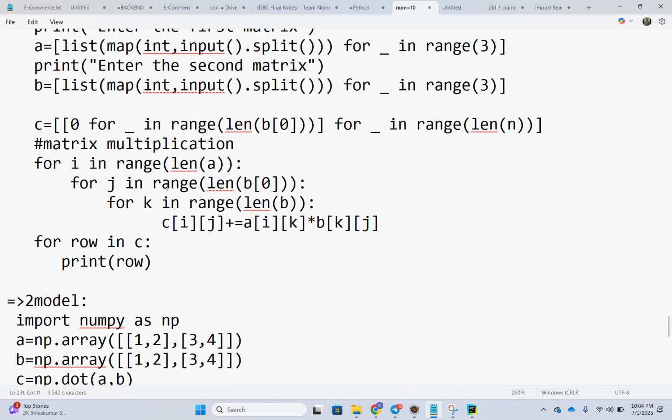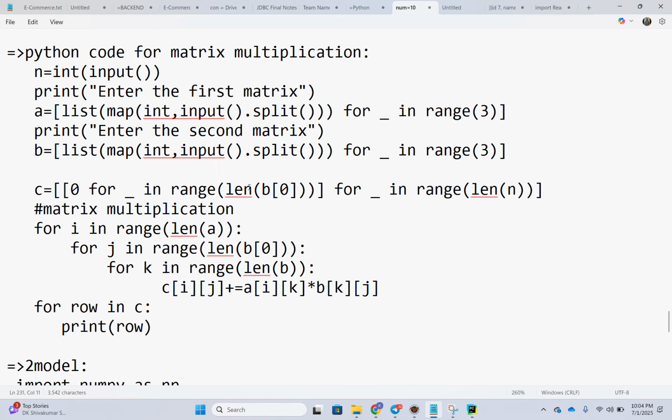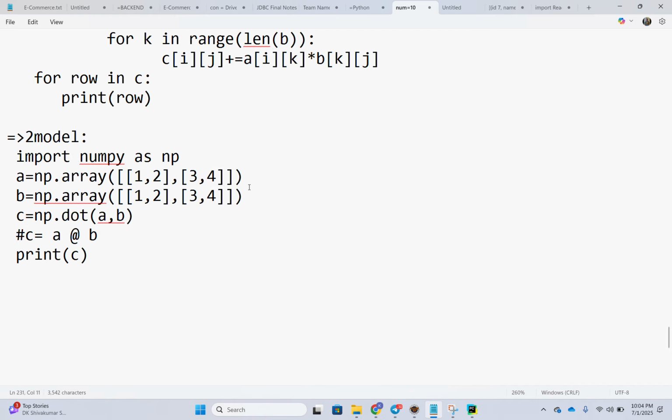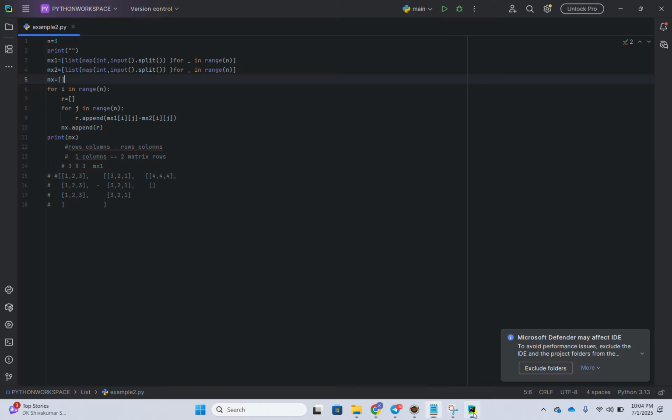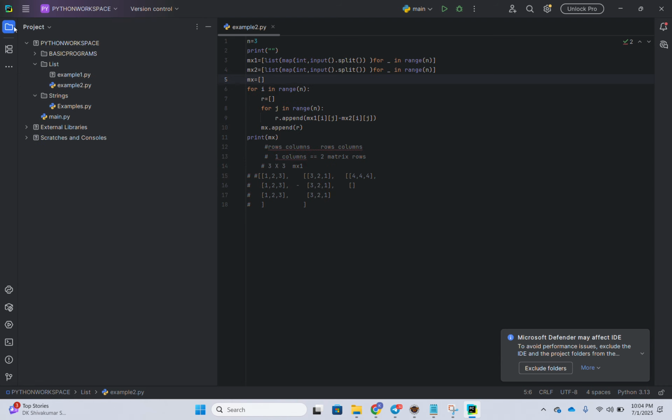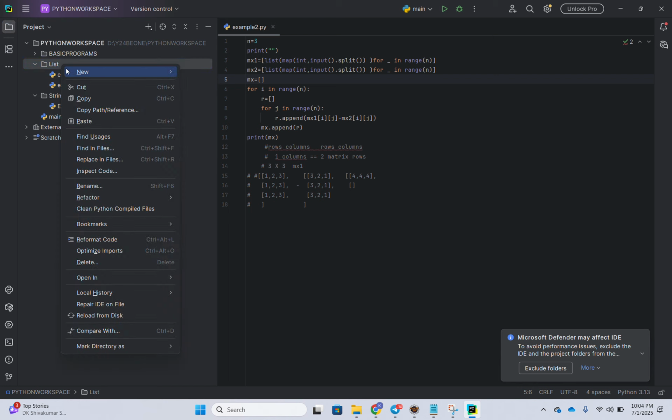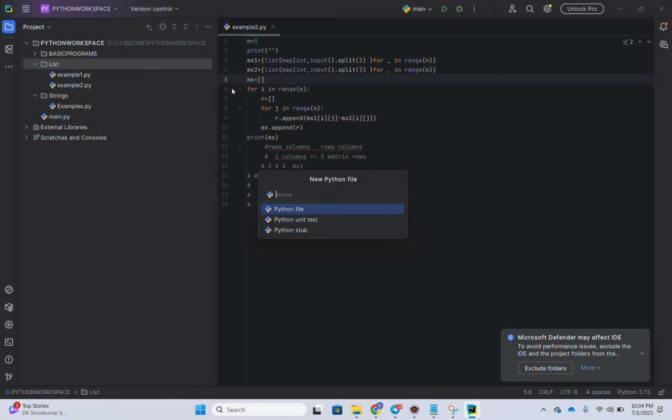Without using any predefined library, this is the main code. I initially informed you this is the basic one. We'll try to execute this code and check whether it will work or not.